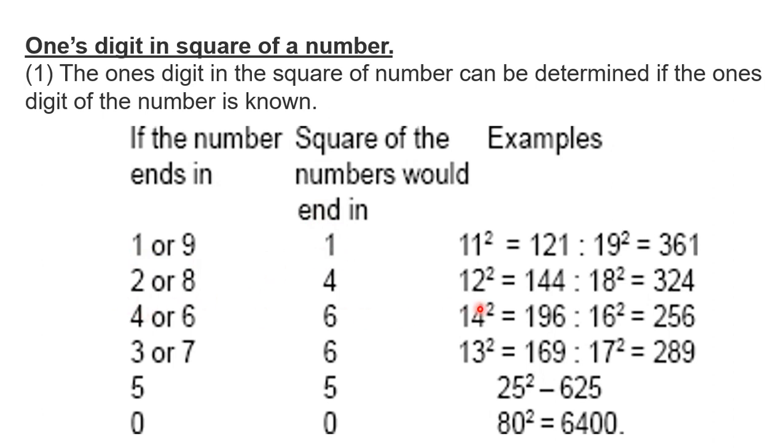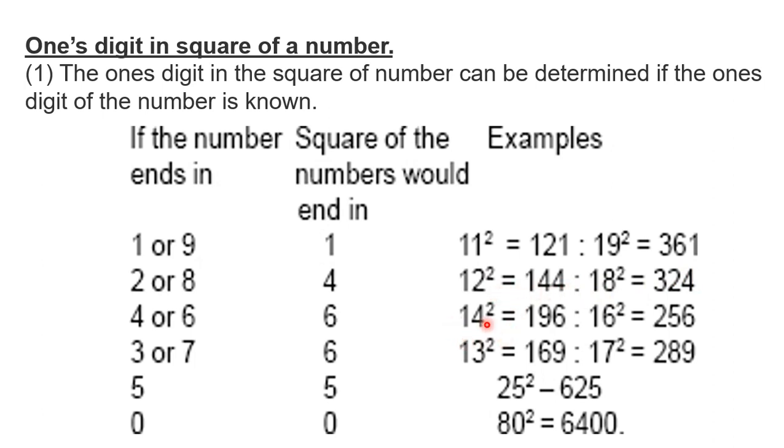Similarly, if we take 12 and 18, where the unit digits are 2 and 8, here we can observe 12 square is 144 and 18 square is 324. Both have unit digit 4. So when a number ends with 2 and 8, its square number has unit digit 4.